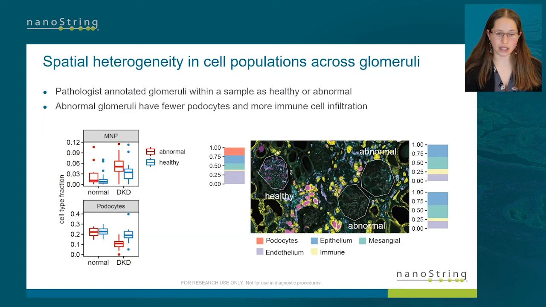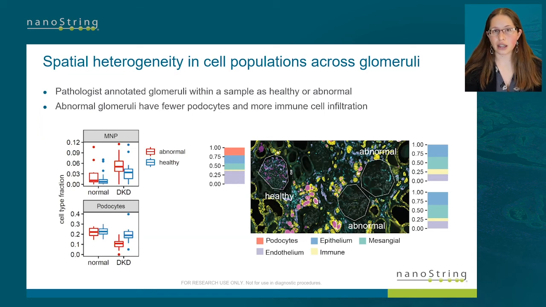And you can see the same for podocytes on the bottom left here. The podocytes get lost with disease, but this loss is much more severe in the more abnormal glomeruli. And so to illustrate this, I'm showing an image on the right of 3 glomeruli that came from the same diseased sample that are very close to each other in space, 2 of which were annotated as abnormal and 1 of which was annotated as healthy.